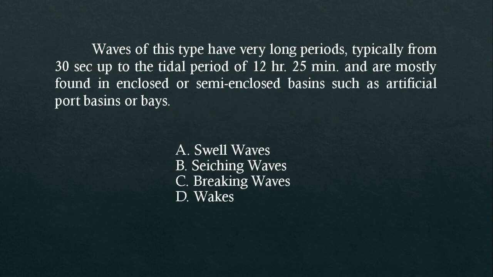Waves of this type have very long periods, typically from 30 seconds up to the tidal period of 12 hours 25 minutes, and are mostly found in enclosed or semi-enclosed basins such as artificial port basins or bays.